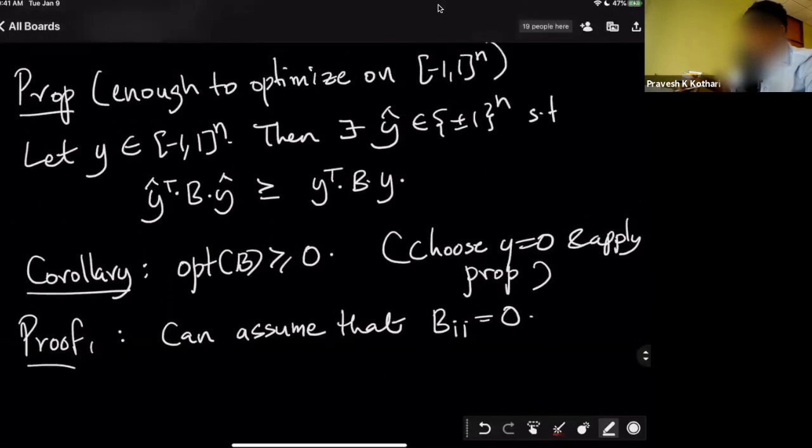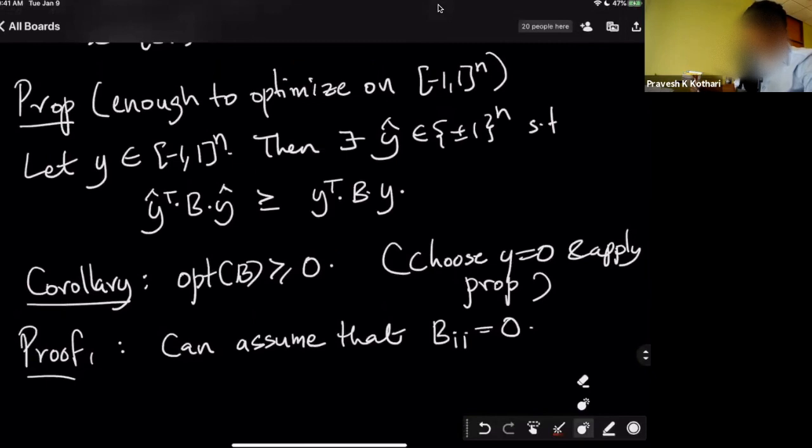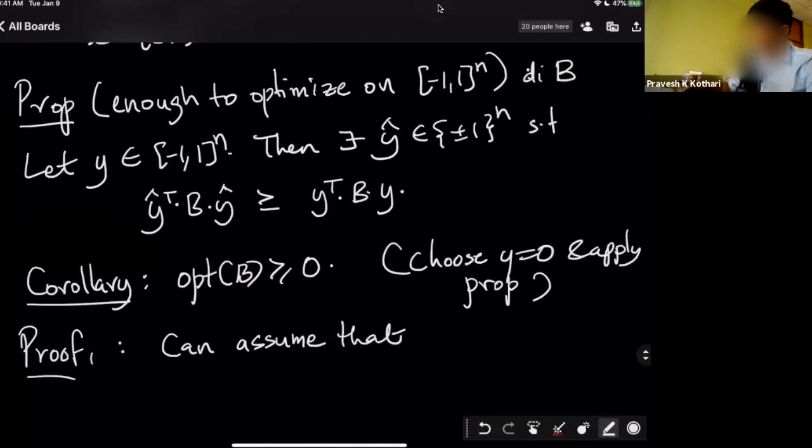Wait. Actually, I'm going to modify my proposition. It's probably too strong right now. At least the proof I know doesn't work for it. I'm only going to prove it for B whose diagonals are 0.